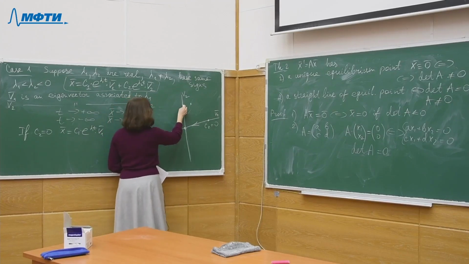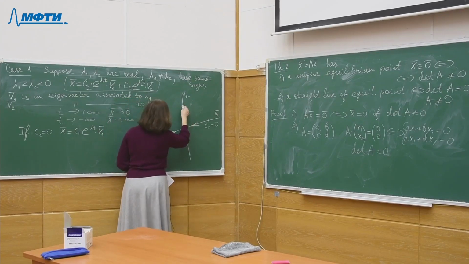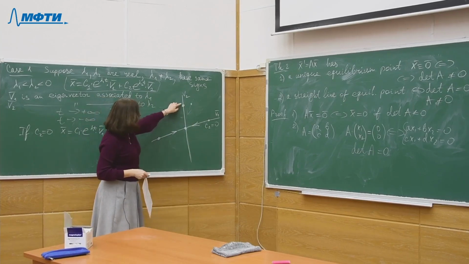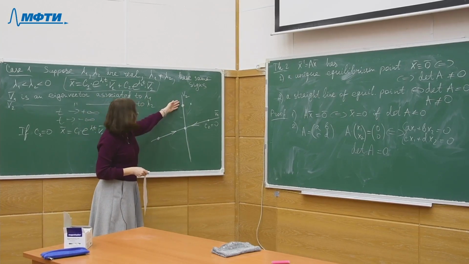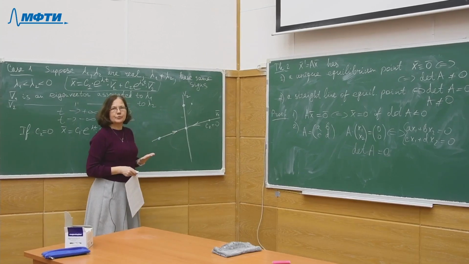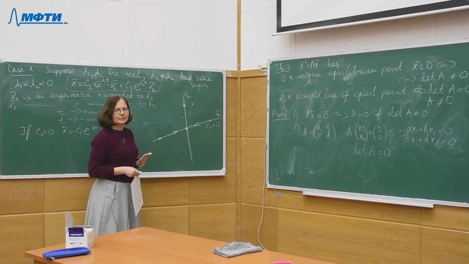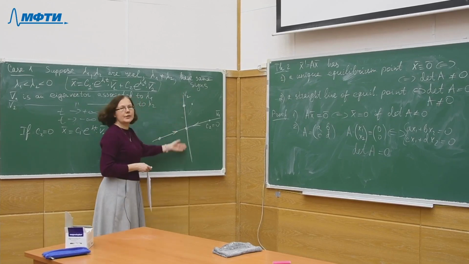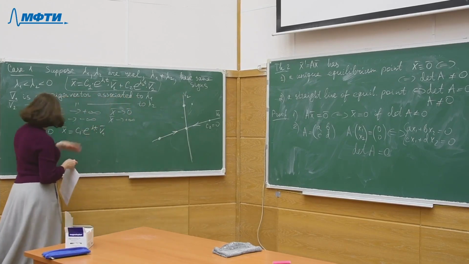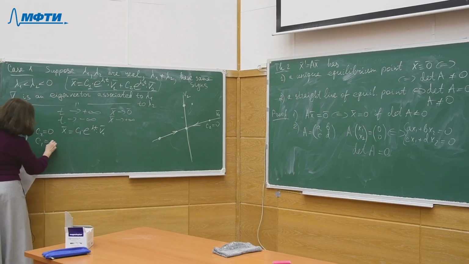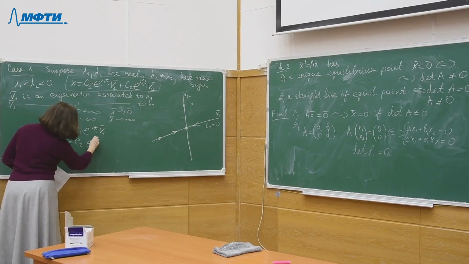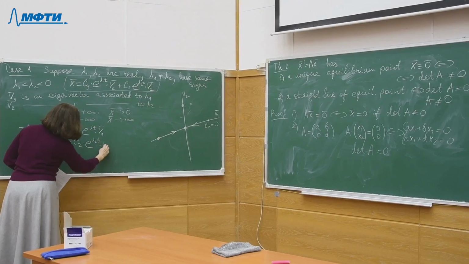What will happen if we start at some point on the line through V2? Also we will remain on this line, because this means that C1 equals 0 and x will be C2 times e to the power lambda 2t times V2.